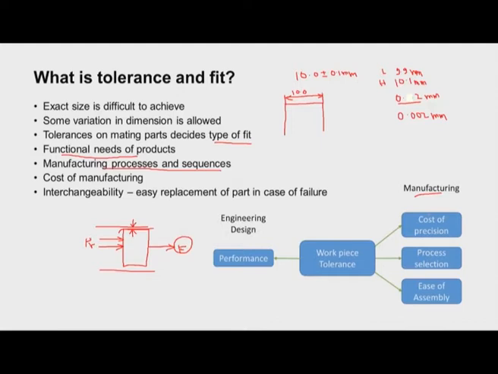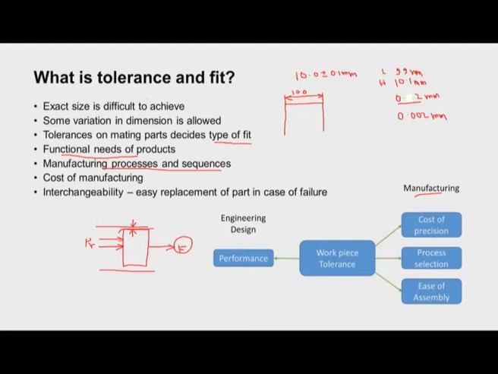And what is the effect on the performance? It will definitely affect, as we saw in this particular case. So, before the tolerances are assigned, it is very essential that the functional needs as well as the manufacturing aspects should be considered.